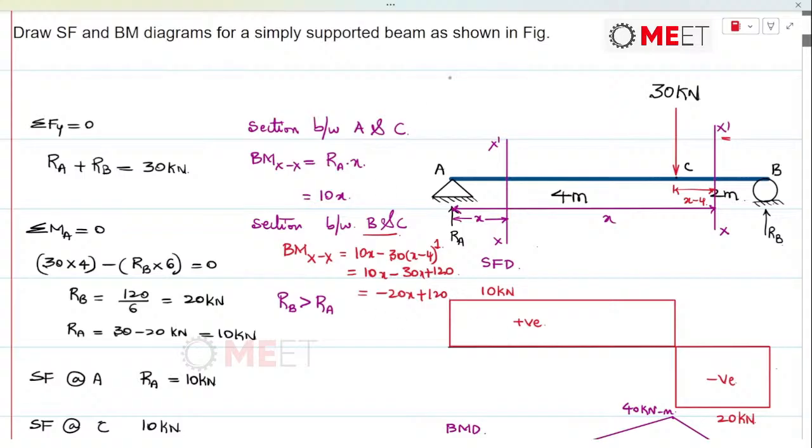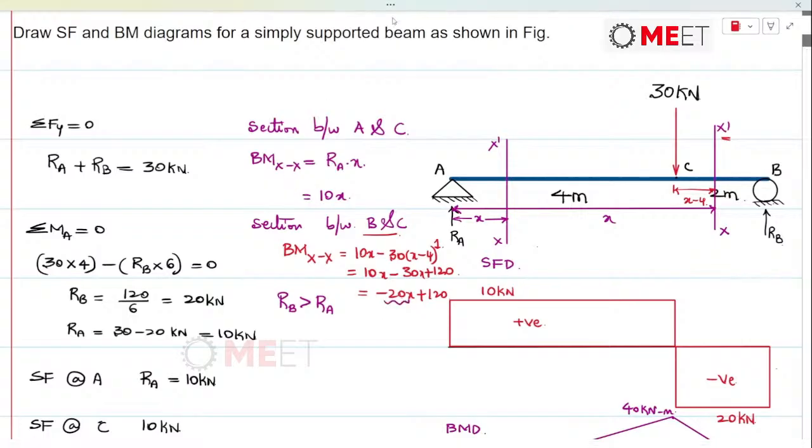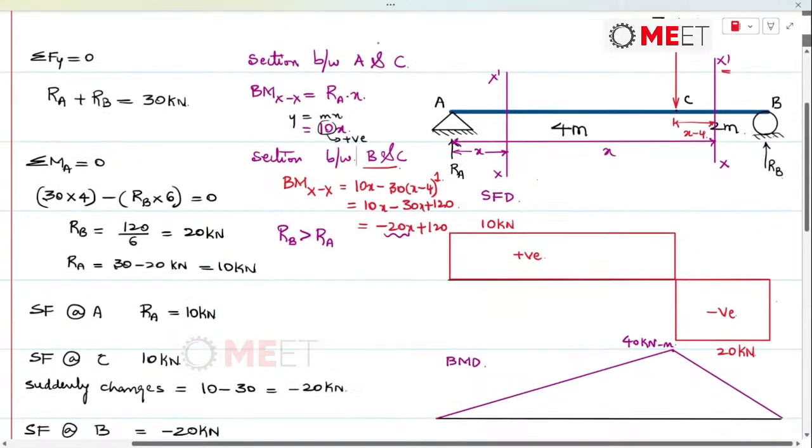So here we understand that the value of the slope previously, this is of the format y is equal to mx. So here the value of m was positive. So that is why you find here increasing slope. The slope was increasing. And same way here you find the negative value.